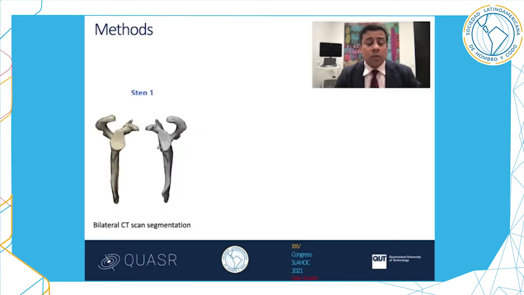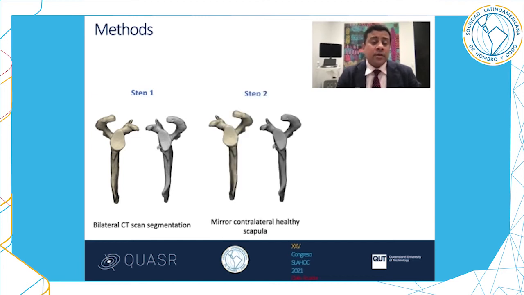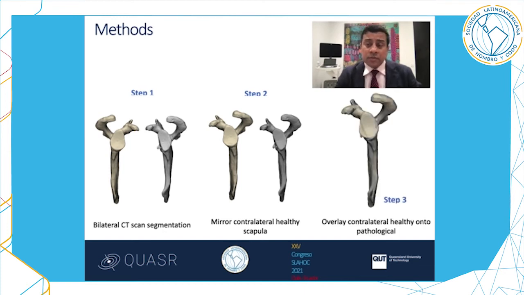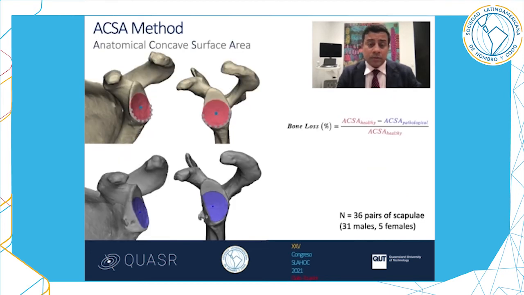So in step number 1, we took bilateral CT scans, and this was the hardest bit of finding a patient who had significant bone loss on one side with a normal shoulder on the other side with no previous surgery on the other side. Then we mirrored the normal side onto the abnormal side to create two symmetrical models, and then they were masked one on top of the other with a contralateral overlay so that we could calculate the percentage of bone loss.